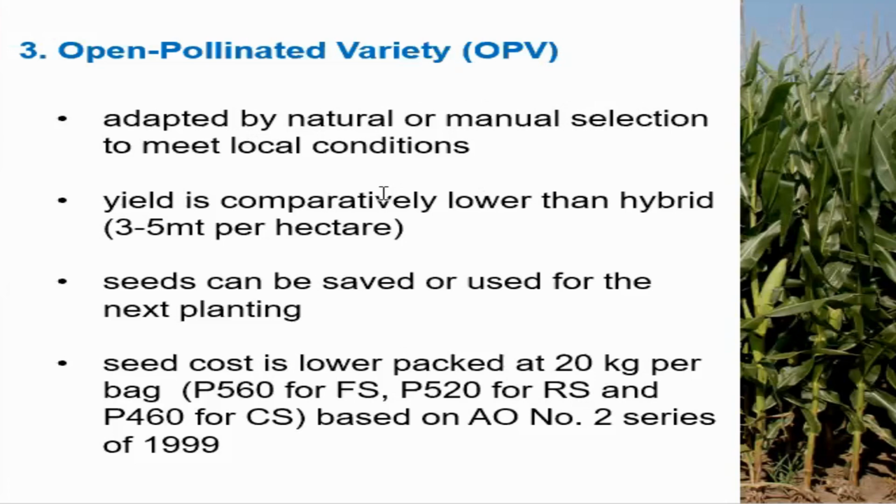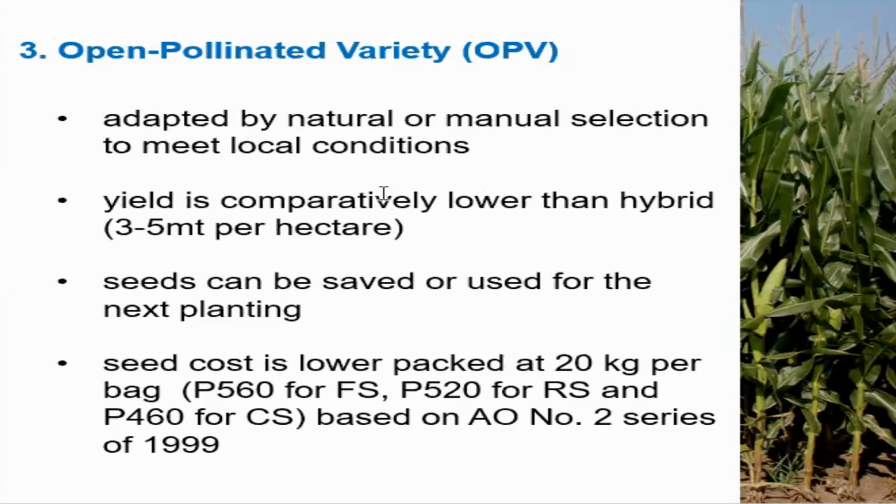The open pollinated variety adapts through natural and manual selection to meet local conditions. But compared to GMO corn and hybrids, the yield is lower, almost 3 to 5 metric tons per hectare. But luckily, you can save the seeds for the next planting.